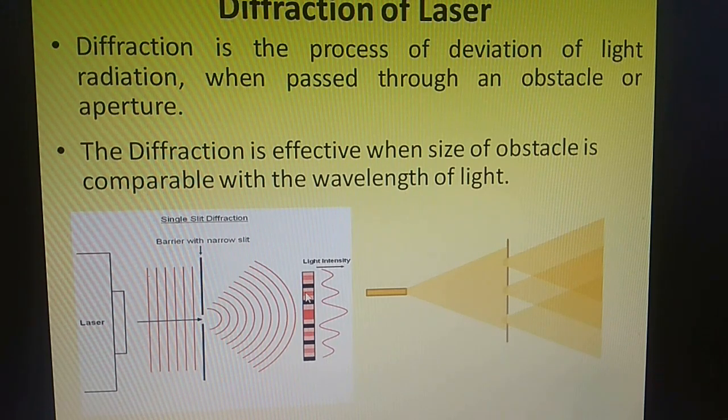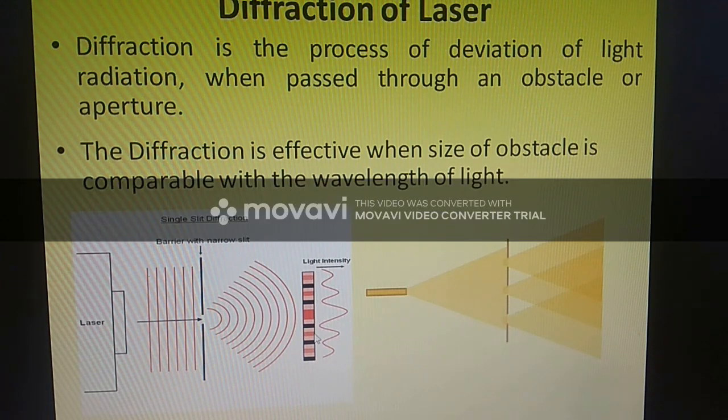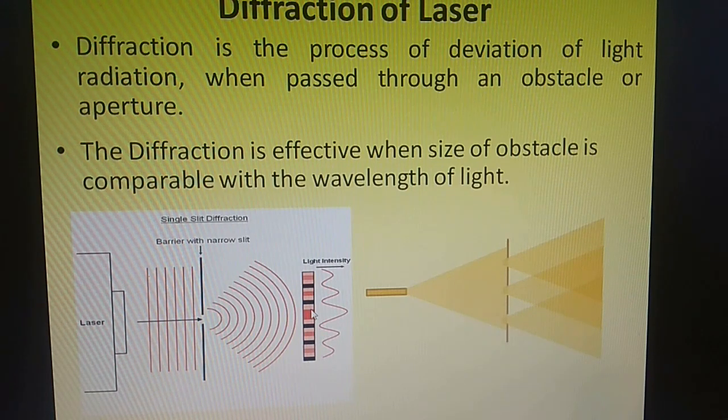This gives alternating dark and bright fringes, but remember it is not interference. In interference, fringes have equal width and equal intensity, but here the fringes have different intensity, which goes on decreasing as we go away from the middle bright fringe. Why is it like that?